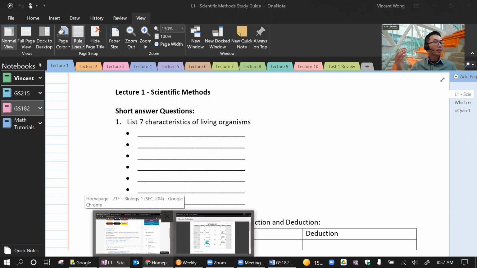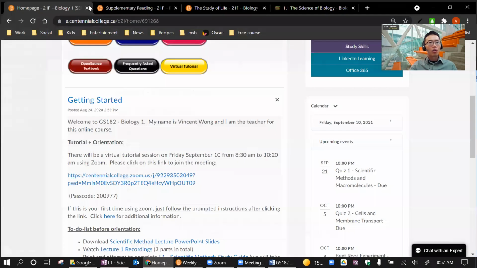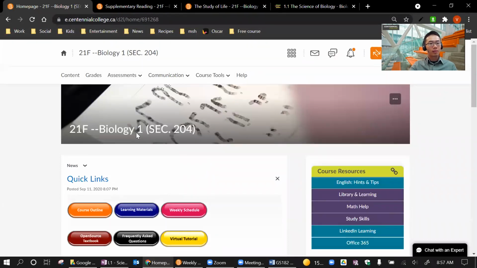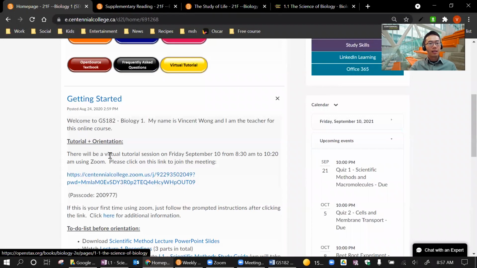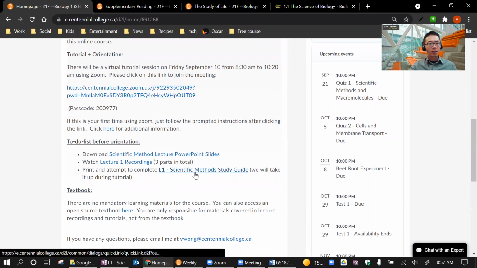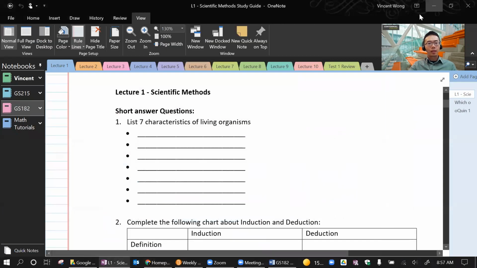I have a few people who do not have the sheet. Okay, do you know how to go to the eCentennial homepage? This one, right? Yes. Then if you scroll down to the announcement here, this is the link you want to press: print and attempt to complete this one. You just click on it and it will take you right there. So that is where you will get it.